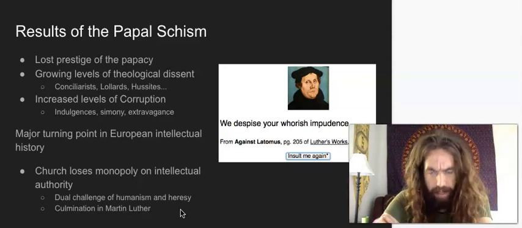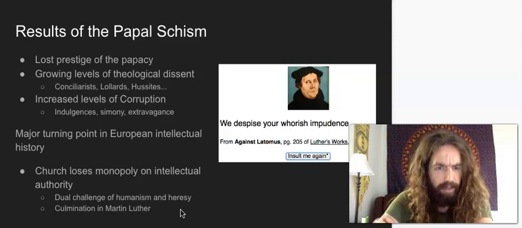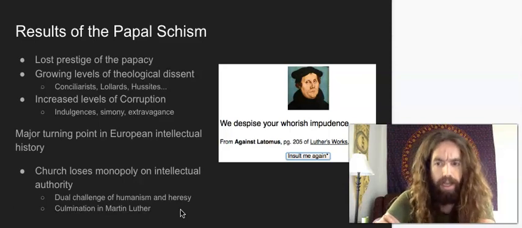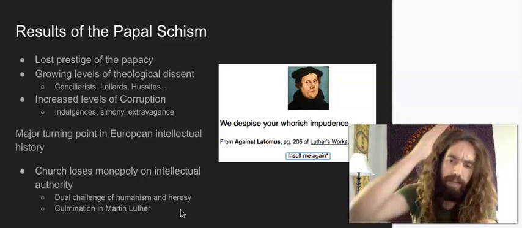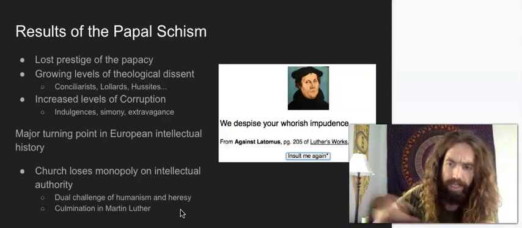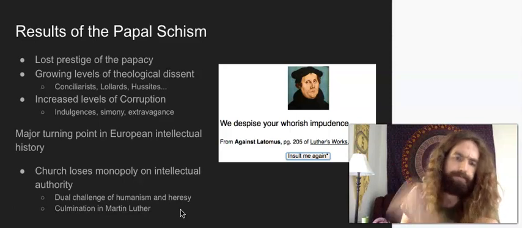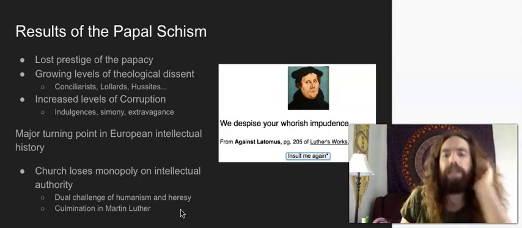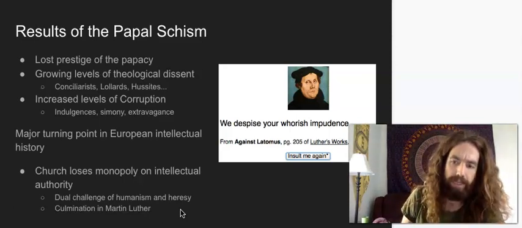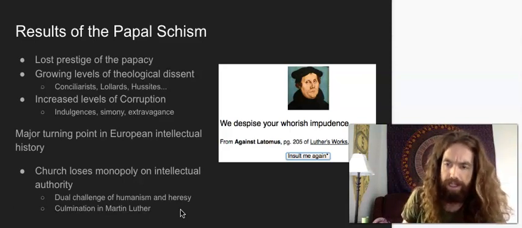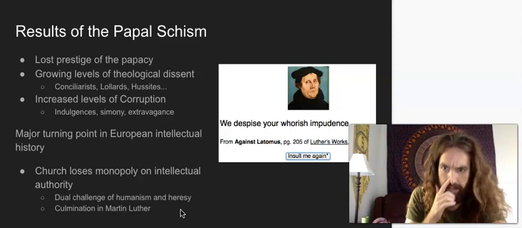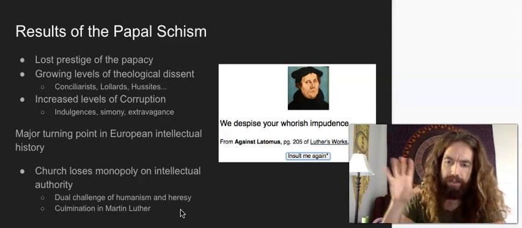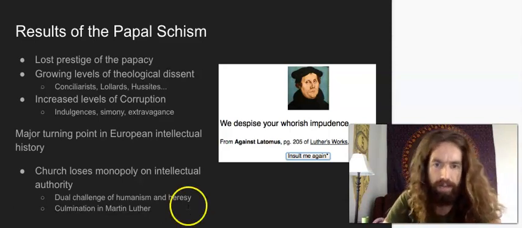In many ways, this is a major turning point in European intellectual history and represents kind of the beginning of the end of the church as a dominant cultural force in Europe. And so in the next unit, we're going to see Renaissance humanism and Protestantism both challenging the church's claim to be sort of the central focus of European life.